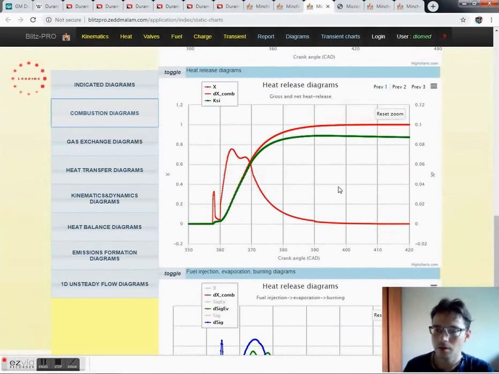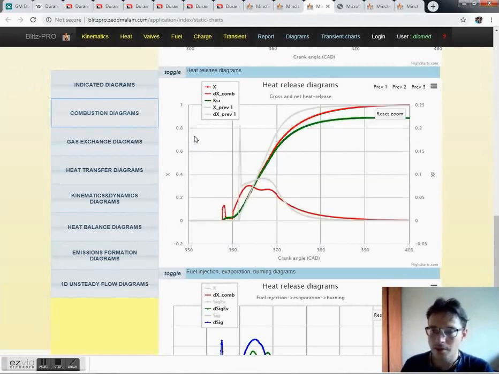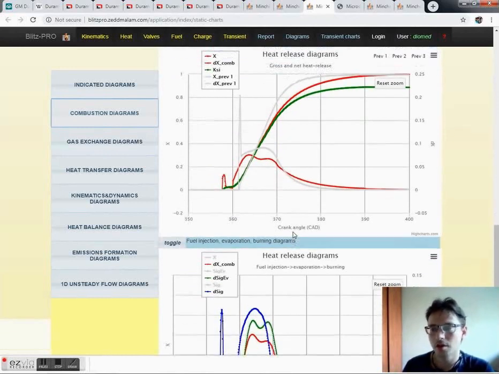It's interesting to see. So as we can see, the single injection just makes the combustion start very fast, so that produces this knocking, while the double injection helps to keep combustion under control, and that makes engine operation much more smooth.